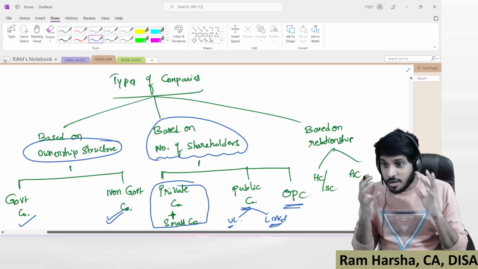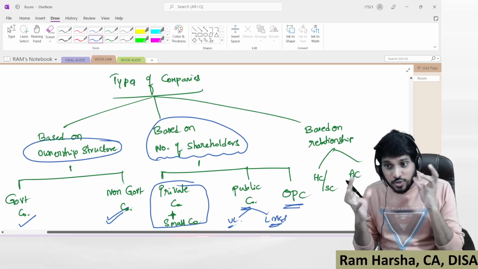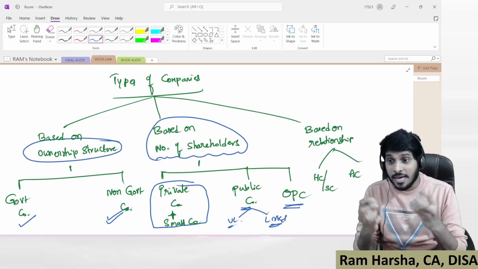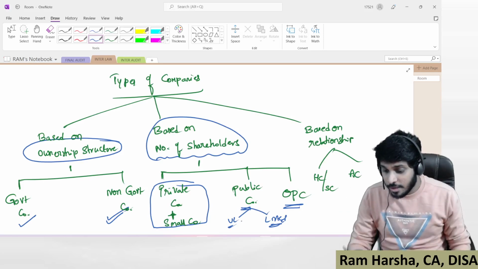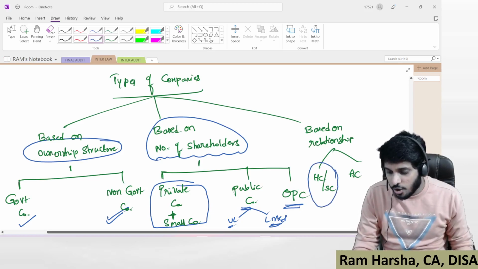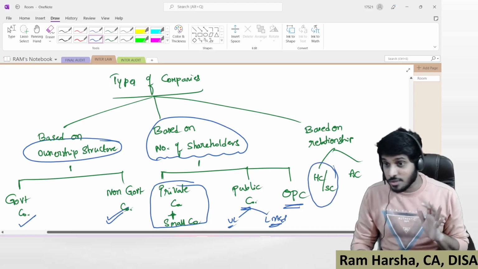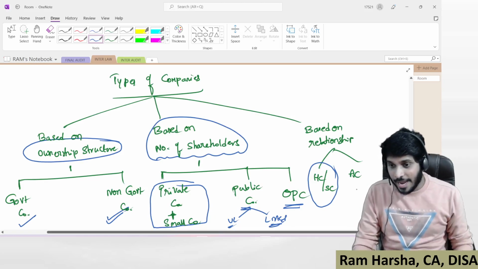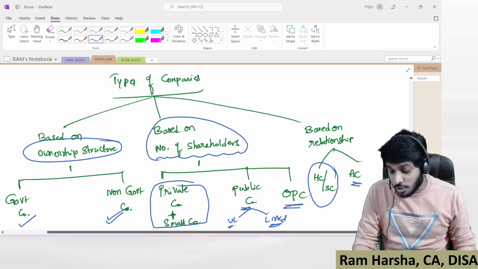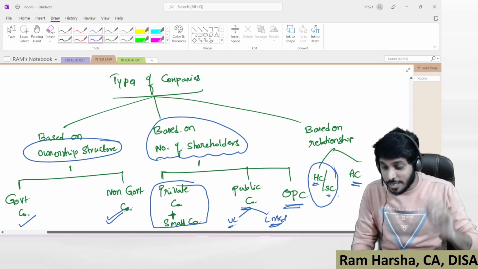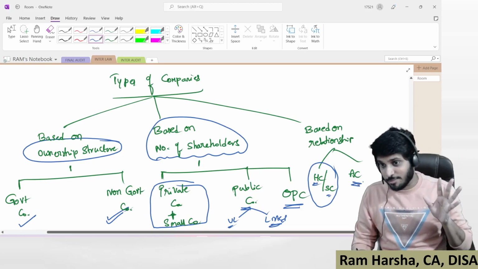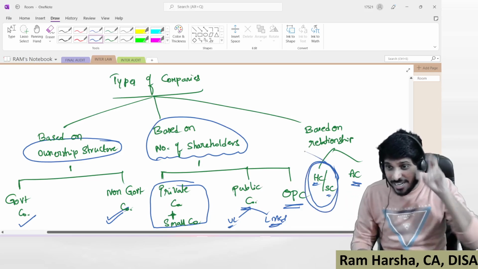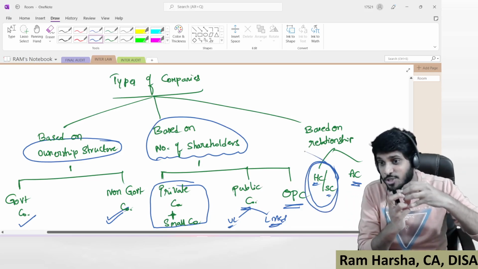Suppose you ask me about types of companies based on the relationship between them: either holding or subsidiary company, or the second option, associate company. It is not a different type of company; it's a relationship study.